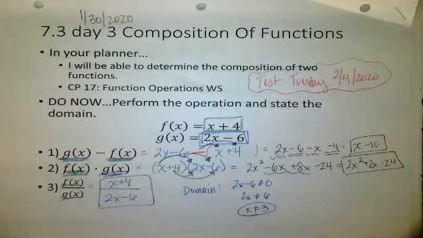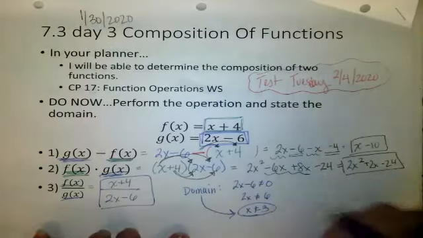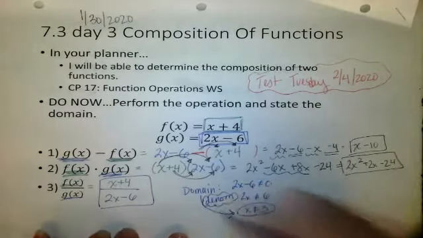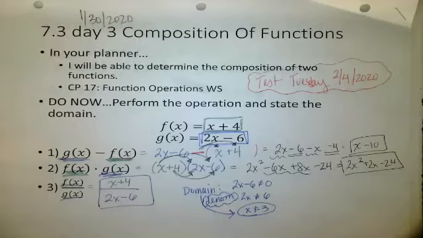Denominator domain. X is not allowed to equal 3. A good thing to remember for your test on Tuesday. You might want to put a star or highlight that or something because I will ask that of you. Okay, denominator domain.